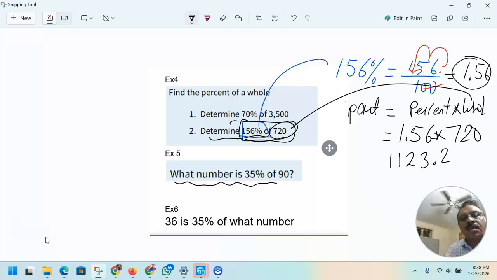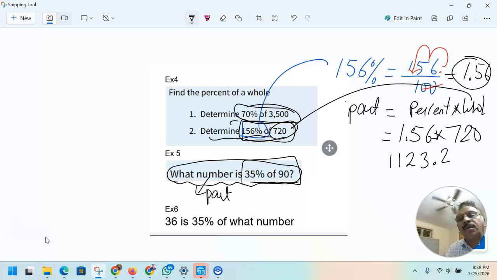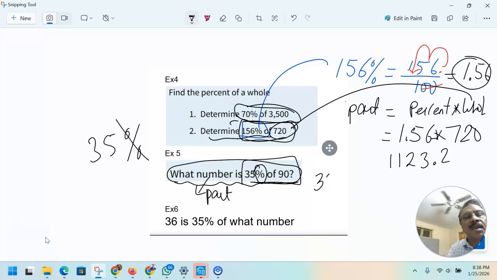The next question: what number is 35% of 90? The moment you see this, it's the same kind of expression. You see 35% of, and what number means the part. Now, the moment you get 35%, remember when you take off the symbol, it means 0.35.